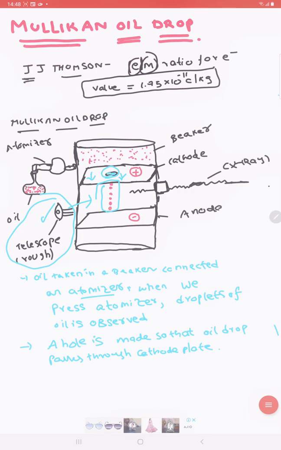Now think the hole is closed here, and you can see the X-ray passes through the empty space.